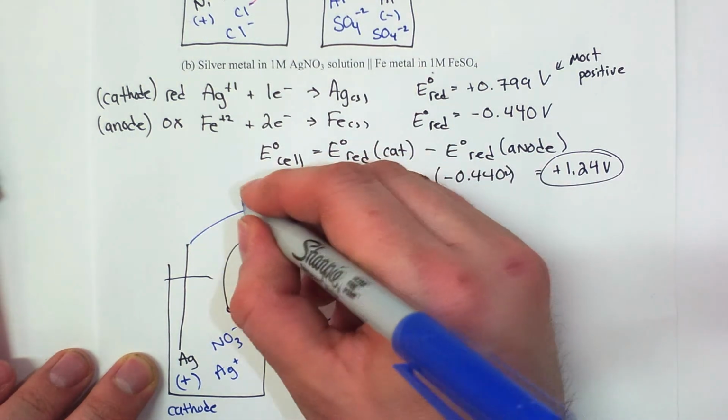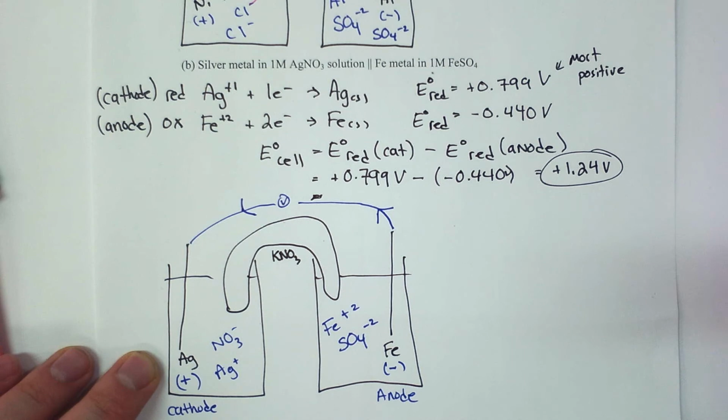Electrons will always be pushed away from the negative one, so electron flow will be that way.